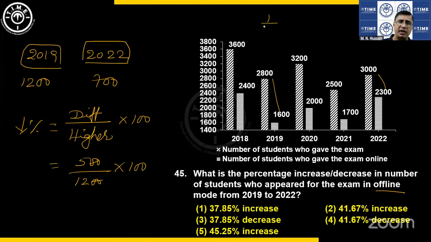5 by 12 means 1 by 12 is 8 and 1 by 3. So 5 times of 8 and 1 by 3. I'm solving this.